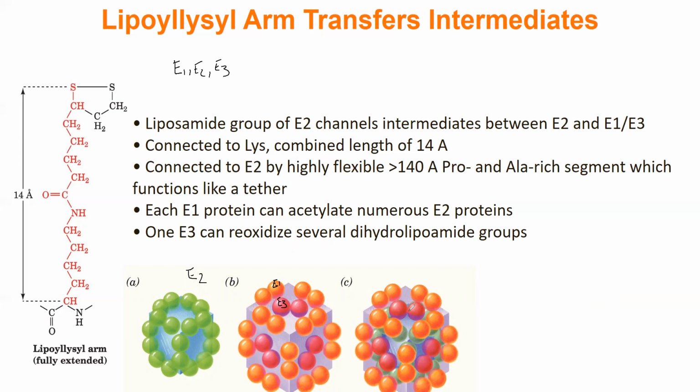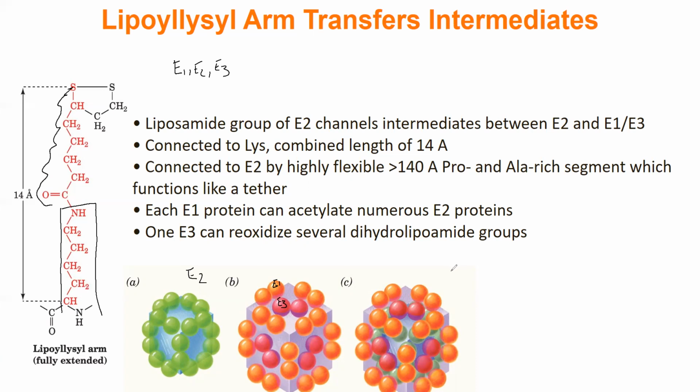To facilitate the movement of our 2-carbon unit, we have this lipoyl arm, right? This is connected to E2, and on this arm, we have an amino acid to begin with. So here is lysine, and we have this extra bit connected to lysine. All in all, we're looking at 14 angstroms.